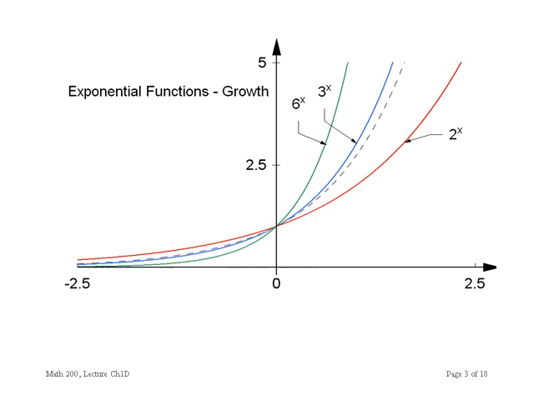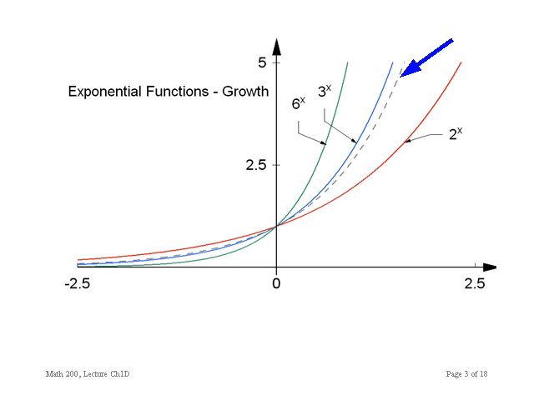Here is that collection, the family of curves for the exponential growth equations. You can see how they're ordered: 2 to the x, 3 to the x, 6 to the x. Because e is 2.718, it is between 2 and 3, but a little closer to 3. And I have put in here in a dashed line the graph of e to the x.